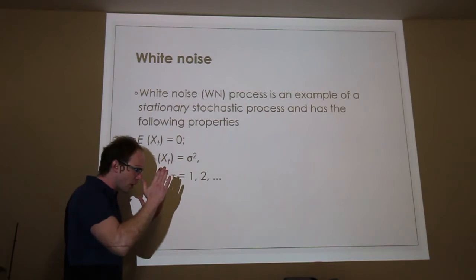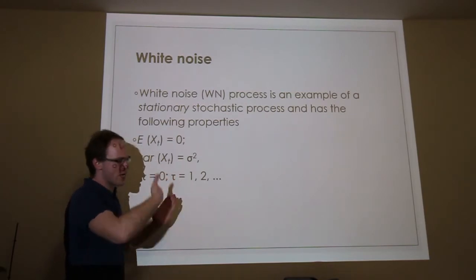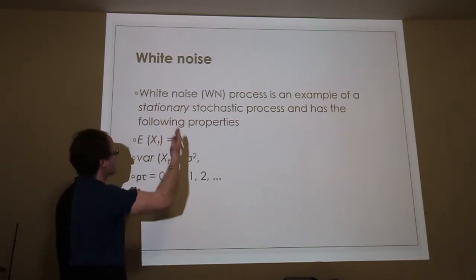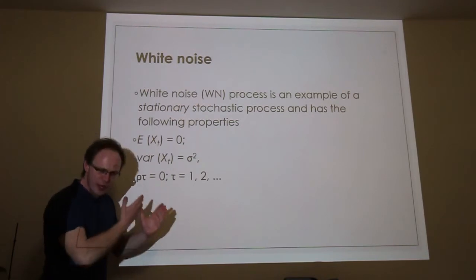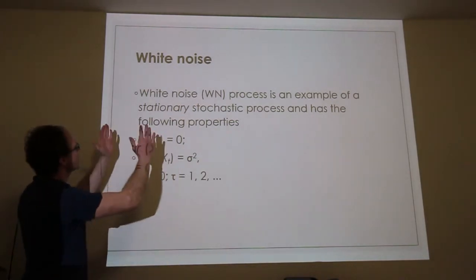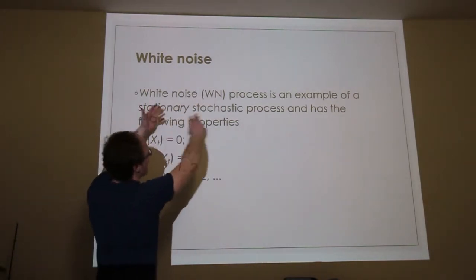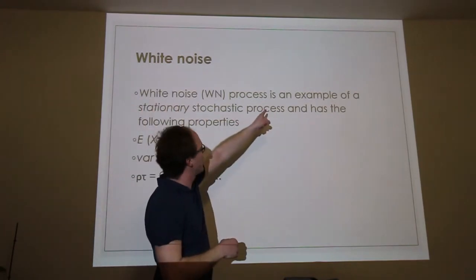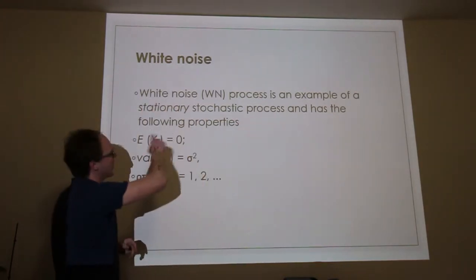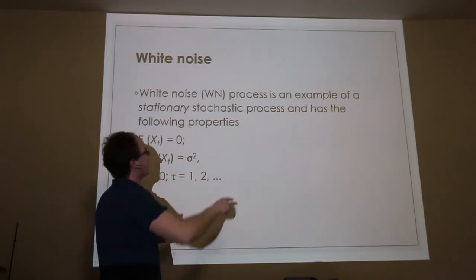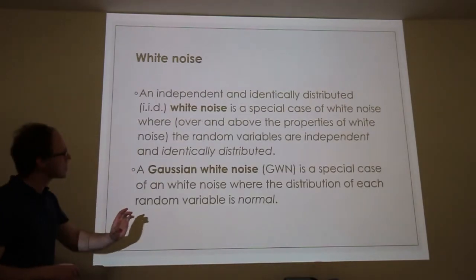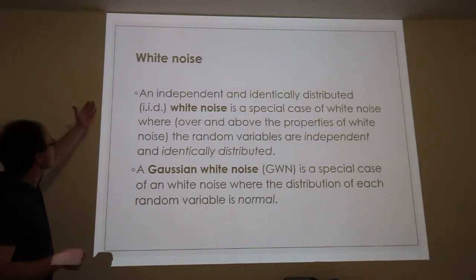It is absolutely not possible to predict the white noise process because there is absolutely no system inside this. Yes? So white noise process is an example of a stationary stochastic process. We can continue.